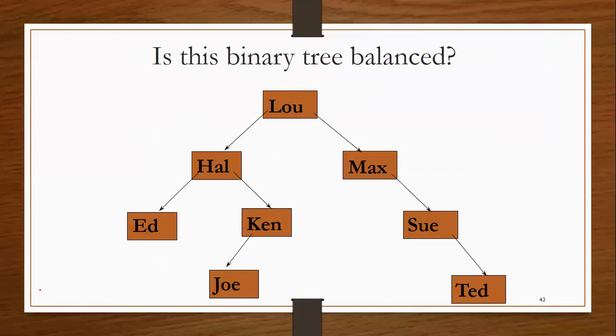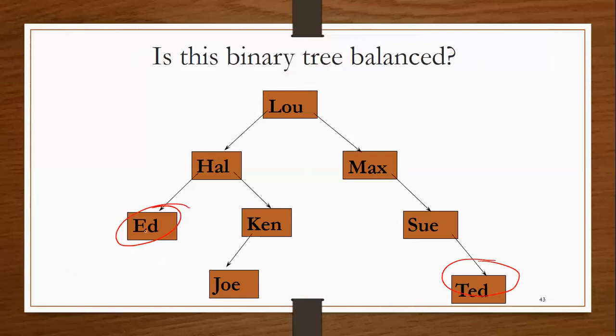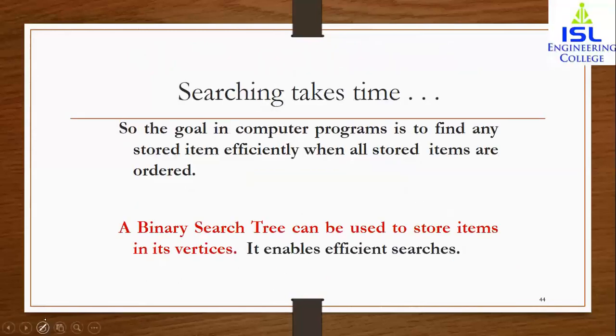Here we have a leaf and here also we have a leaf. The leaves should be at levels h or h minus 1. Yes, this leaf is at level h. This leaf is at h. Actually, this is at h minus 1. Is it balanced? The binary tree is not balanced actually, because we have a child missing over here.